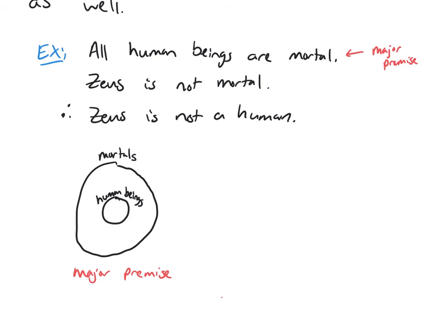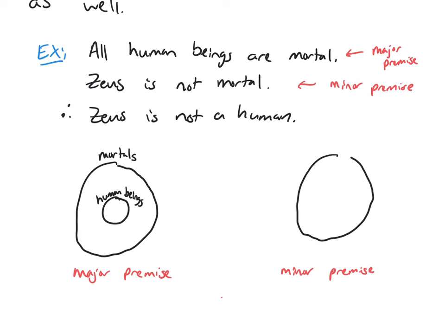So then we're going to look at our other premises, of which we only have one. Any of the other ones are called minor premises. So there's only one, and we're going to make a diagram to represent this. So Zeus is not mortal. So I have the mortal circle, and Zeus is outside of that circle because Zeus is not mortal.